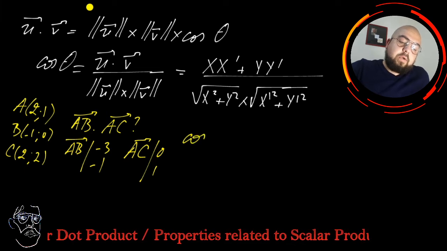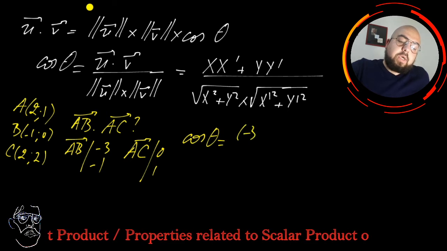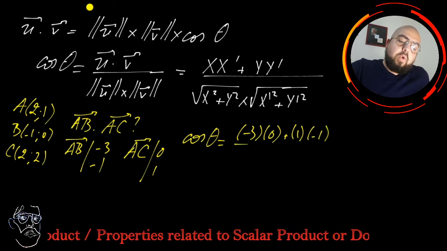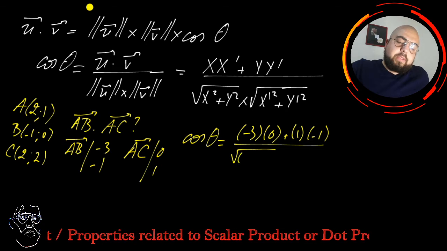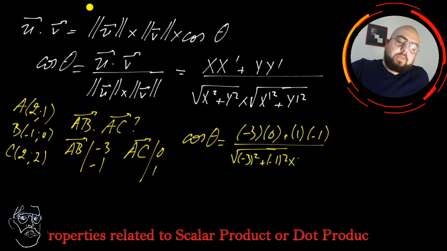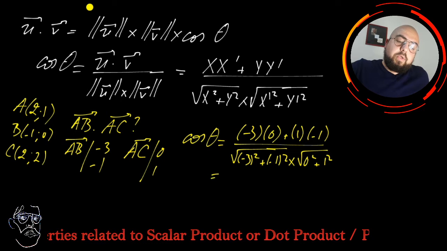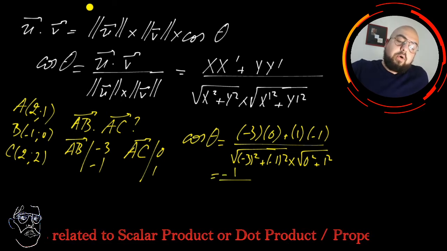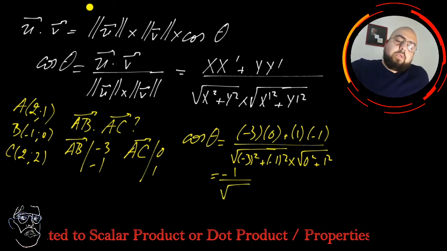So cosine of the angle theta is equal to (-3 times 0 plus 1 times -1) over the square root of (-3)^2 plus (-1)^2, times the square root of 0^2 plus 1^2. So it's equal to 0 minus 1 over the square root of 9 plus 1, times 1, the square root of 10.